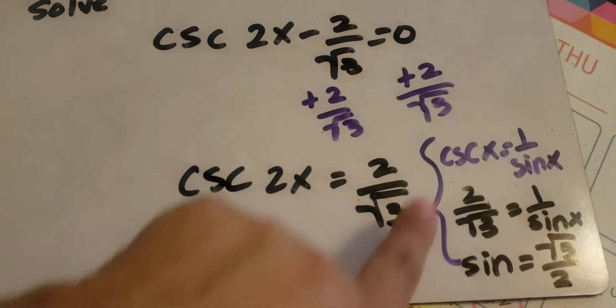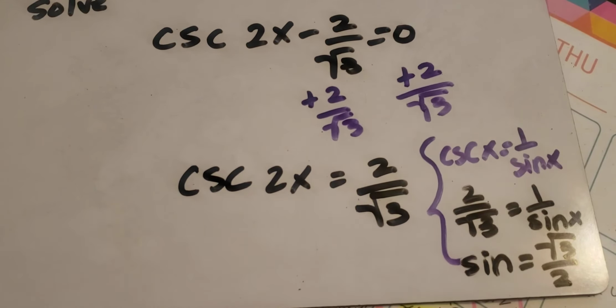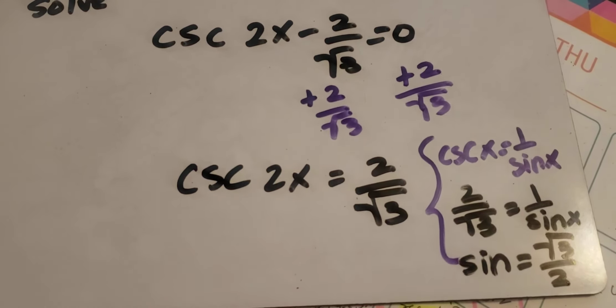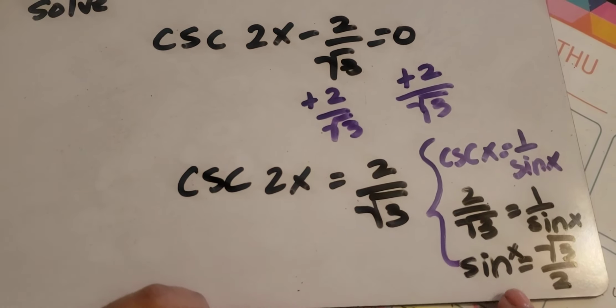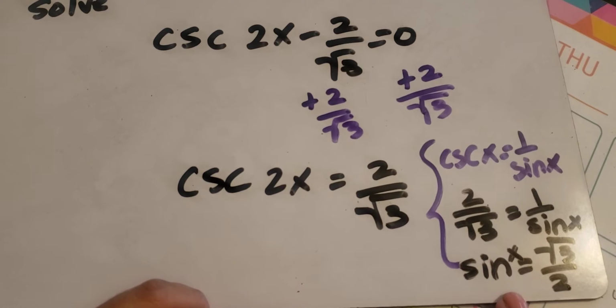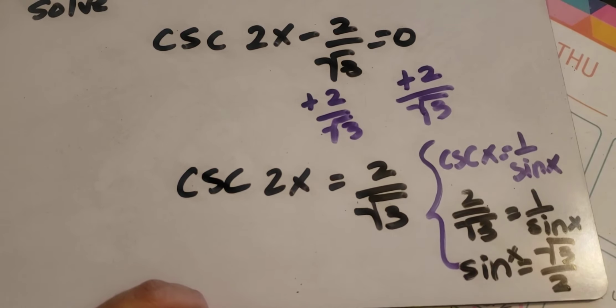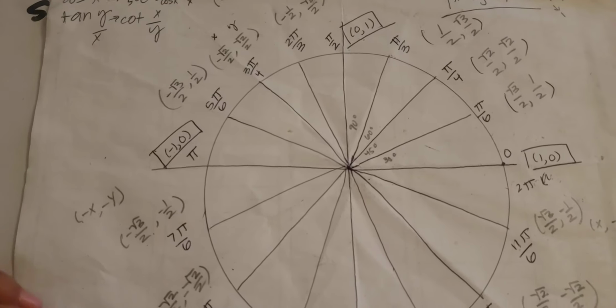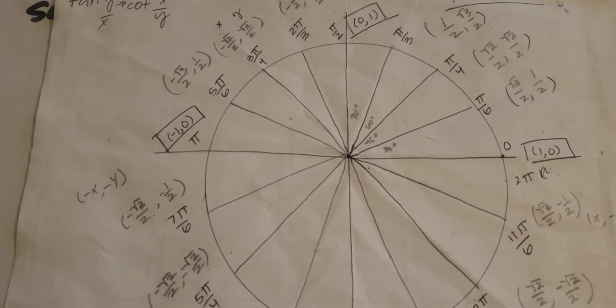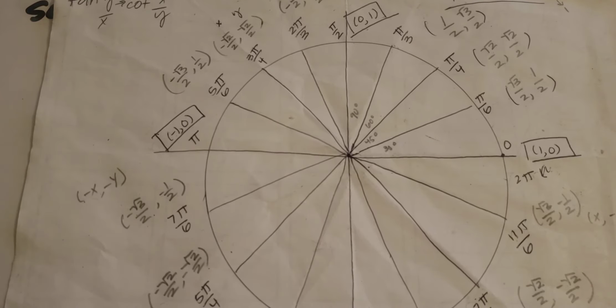Now, the reason I did this is because you know what sine of x is using your unit circle. It's basically your y value in the coordinates, okay? And we do have a square root of 3 over 2. So now let's use our unit circle, okay? If you notice, I didn't give you an interval.